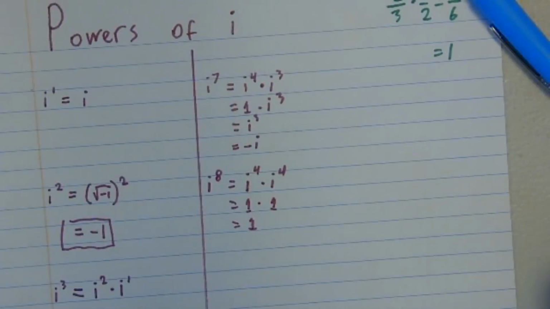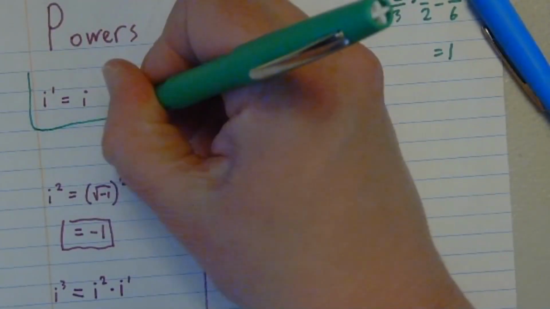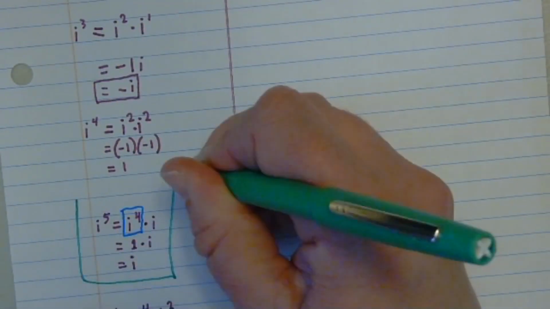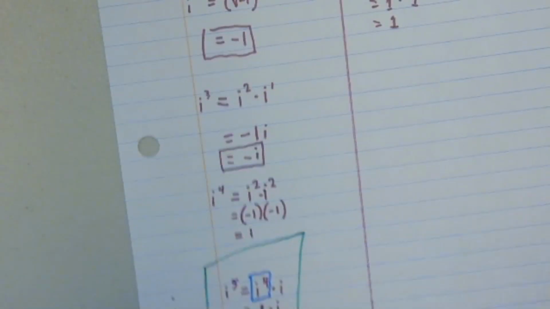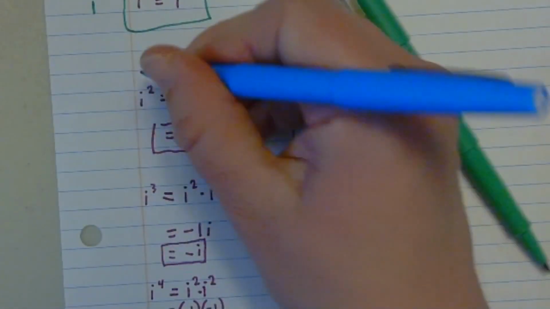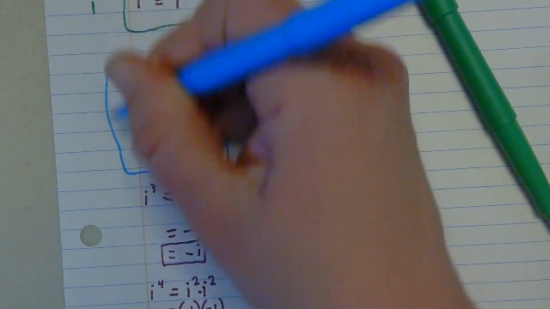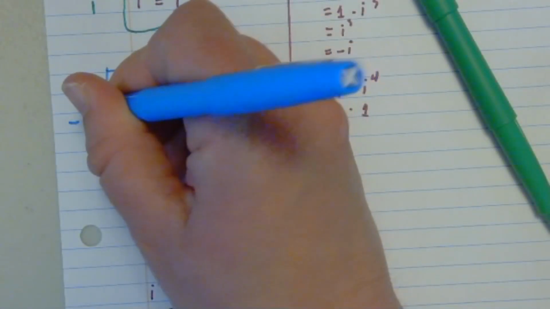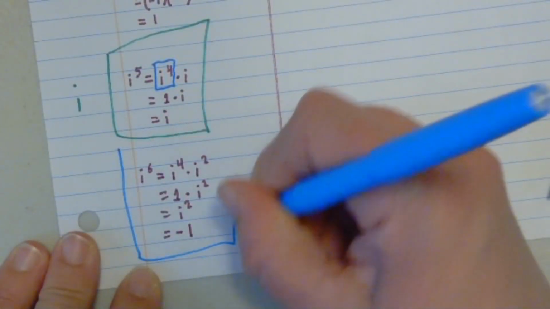And you may have noticed a pattern here, that I to the first and I to the fifth are the same. They're both I. That I to the second is -1. So is I to the sixth.